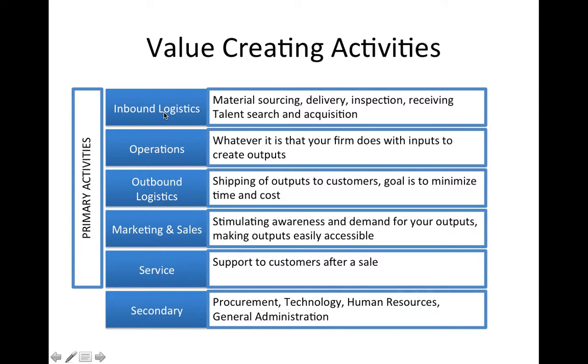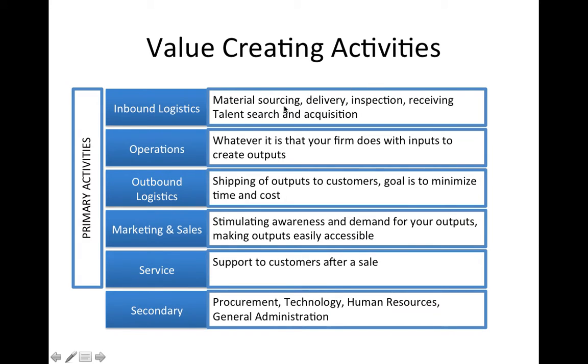So just talking about the activities. Well, first of all, there are two big categories. One's primary activities, the other secondary activities. Primary are the ones that are really tied to making, selling, delivering, servicing the product. So they're specific to that, whereas the secondary ones are the more general activities inside of a business. So the primary activities, you've got inbound logistics. So that's basically how do we get the inputs that we need in the right place so that we can put them together and make our output.